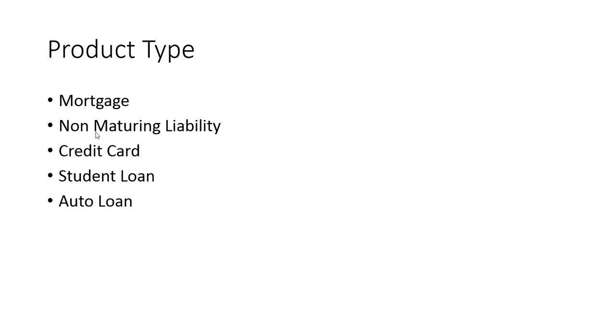For instance, one can have an application scorecard for mortgage, and one can have an application scorecard for auto loan. So you cannot have a model that will cater to both mortgage and auto loan, because the behavior would be different. So product type should be well defined. Could be mortgage, NML, credit card, student loan, and so on.